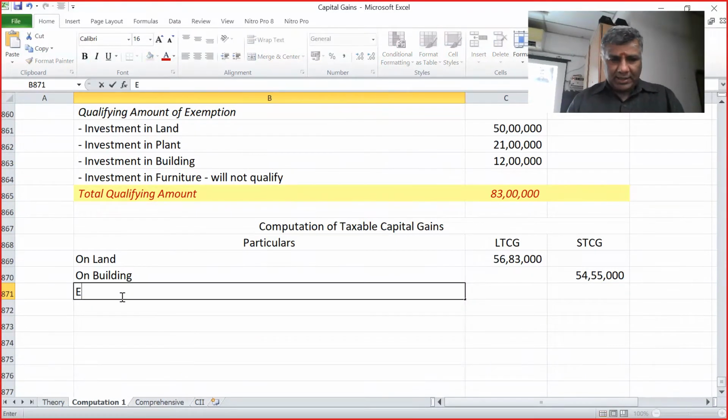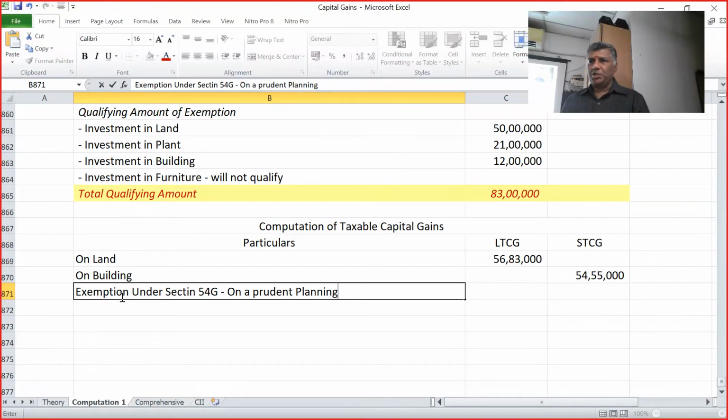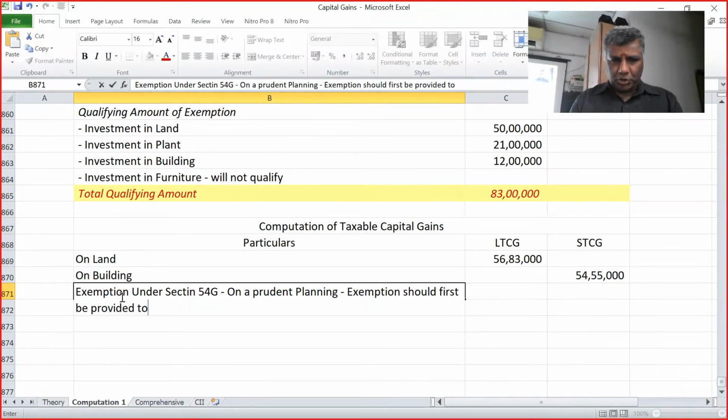Exemption under section 54G. On a prudent planning, please write that in the examination. On tax planning, exemption should first be provided to STCG as it is taxable at a higher rate, and the balance to LTCG.